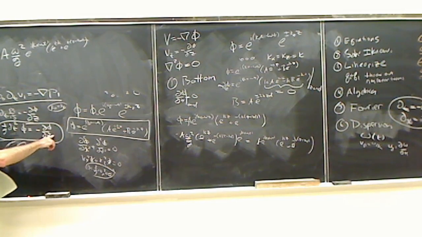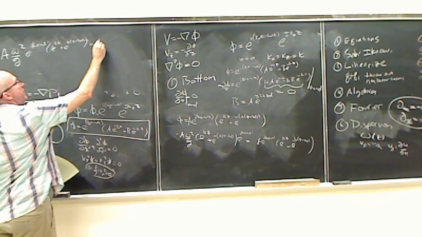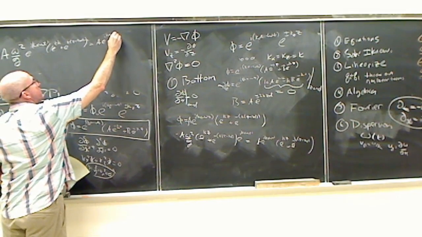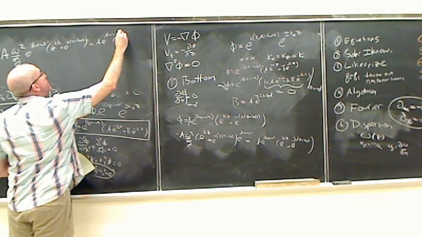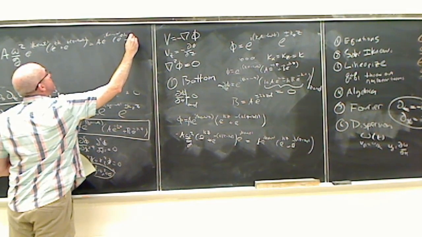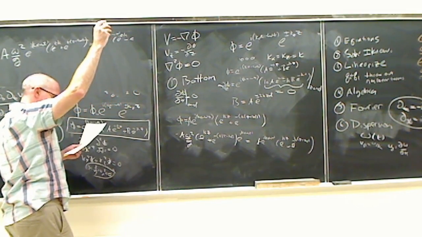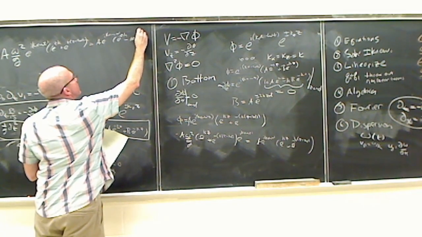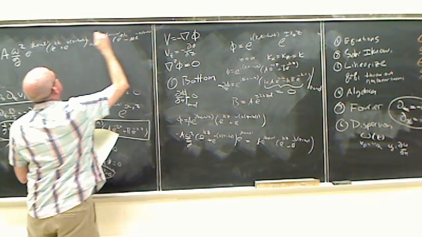And then the right-hand side is just d phi dz, which is going to equal a again, and then e to the i(kx minus omega t) times (e to the zk minus e to the minus k(z plus 2d)). I think I dropped the minus sign on this one here.